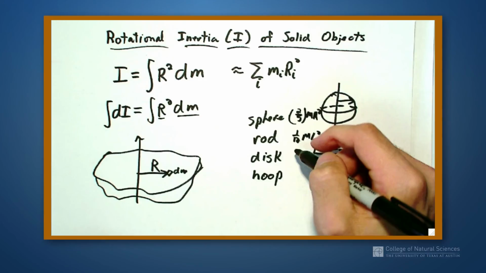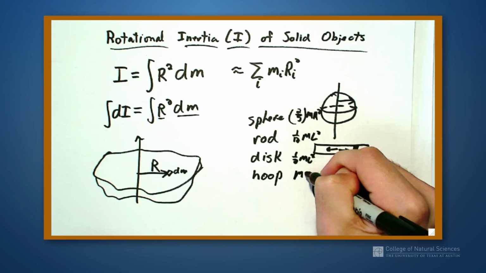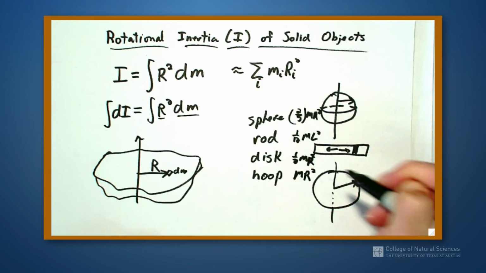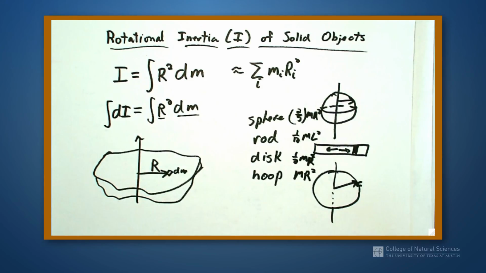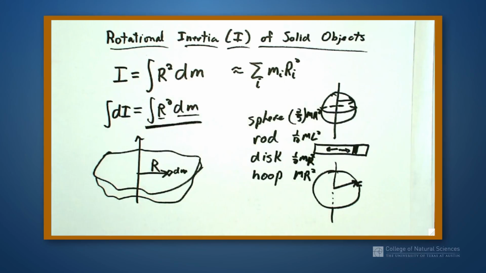Or why is the disk 1/2 mr squared and the hoop mr squared? Why do these shapes show up? Well, it's coming from us completing this integral. So this is just the basic concept of what the moment of inertia looks like for continuous shapes. Sometimes you're asked to solve problems like this, and you may or may not be, but this is the general theory behind how these moments of inertia are produced.